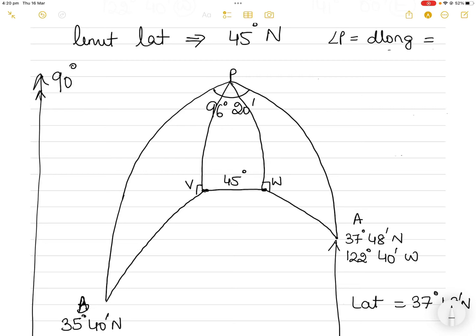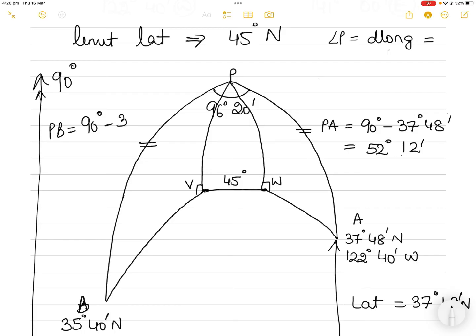So PA would be 90 degrees minus 37 degrees 48 minutes, which is equal to 52 degrees 12 minutes. And PB would be similarly 90 degrees minus 35 degrees 40 minutes, which makes it 54 degrees 20 minutes.